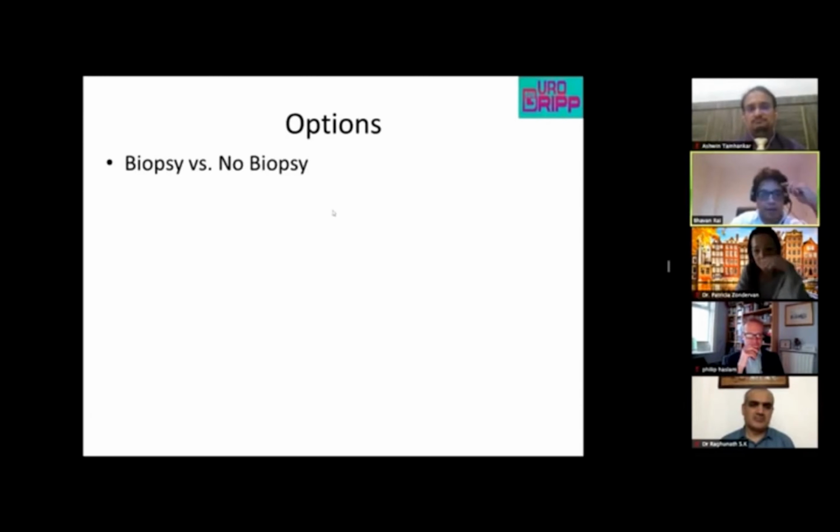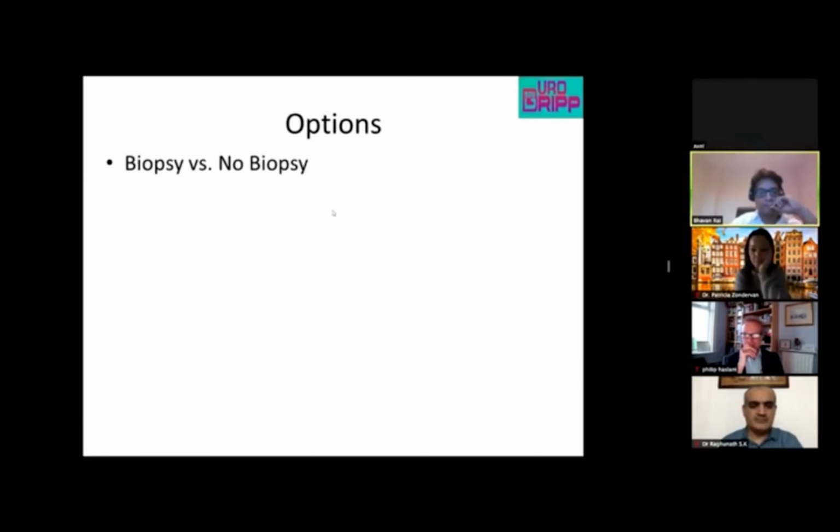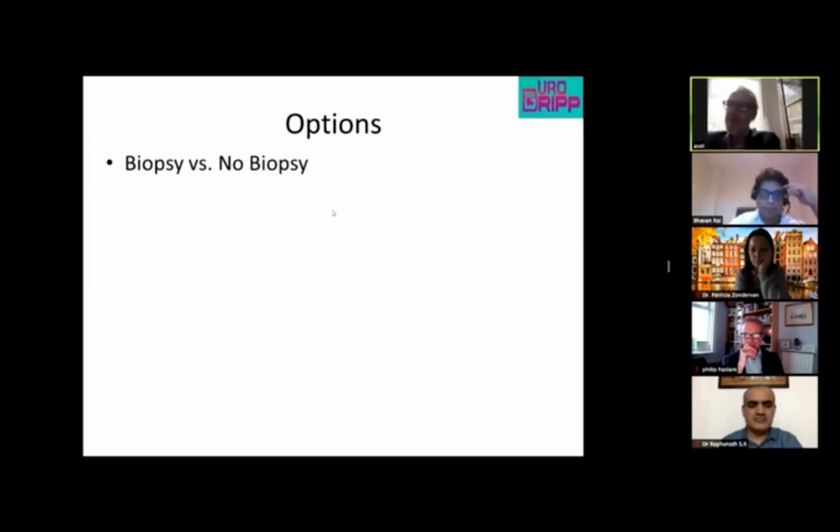Anyone else in the panel would like to add on to that? Yeah, maybe I would like to add that, especially the question around oncocytoma, oncocytic tumors, we should not forget that most of these lesions are relatively benign in their behaviors anyway.